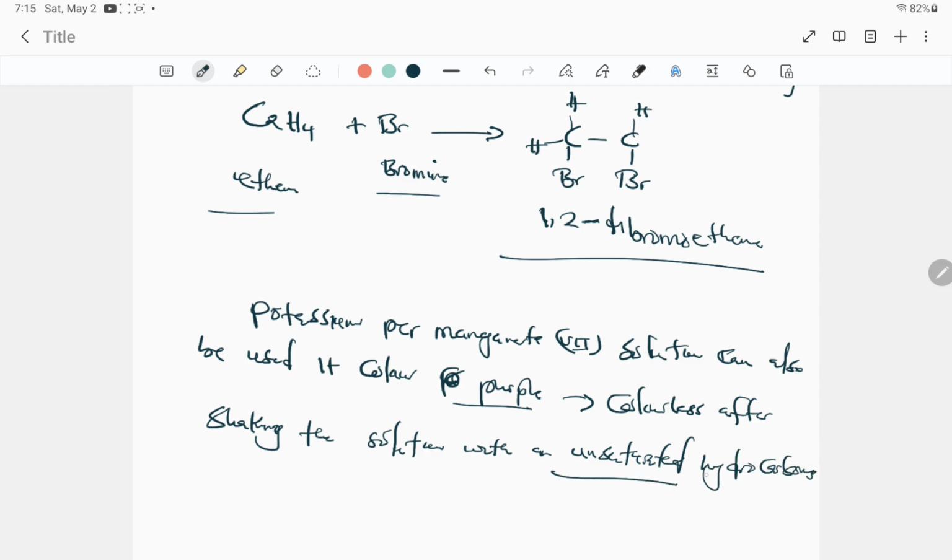Remember, unsaturated hydrocarbons are alkenes.